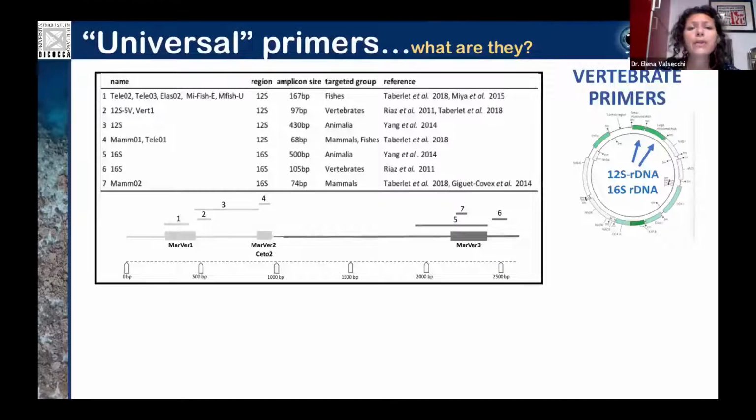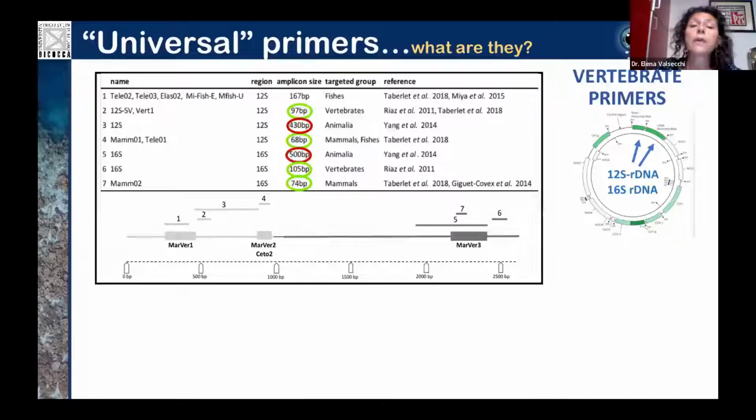Okay, so up to recently, there have been a few primers published and used in different groups of vertebrates. But there are some problems. Most of them were either very small, so the piece of sequence to be amplified was quite small, or the opposite, too large.